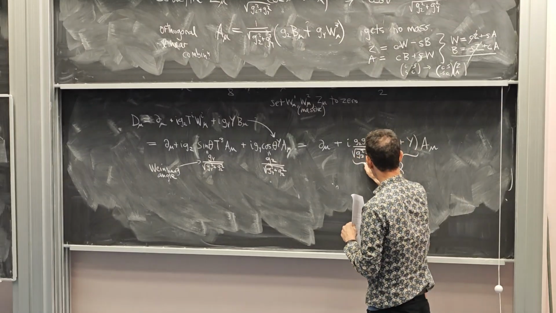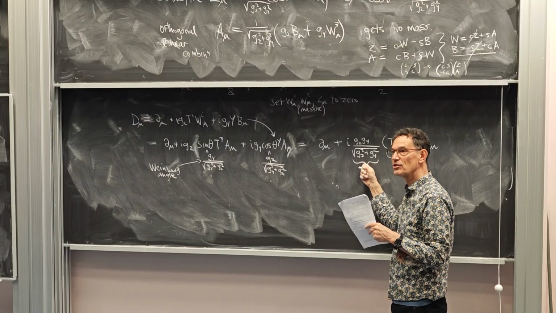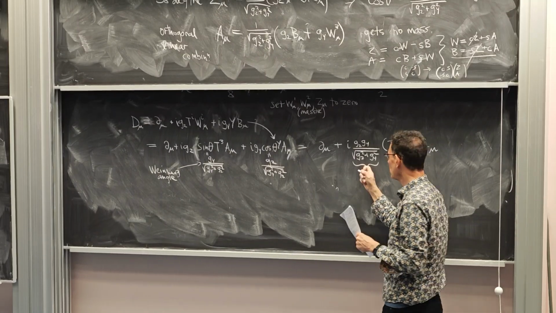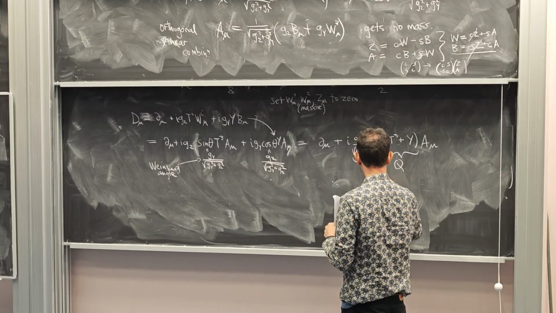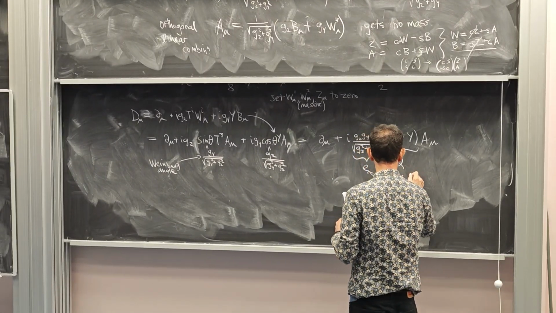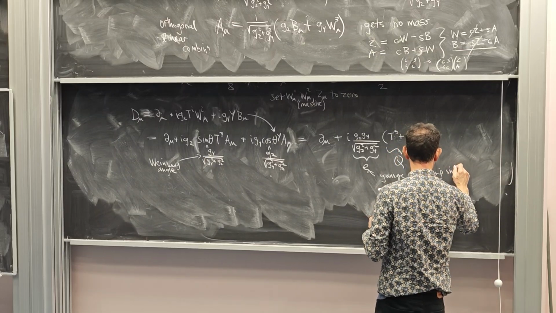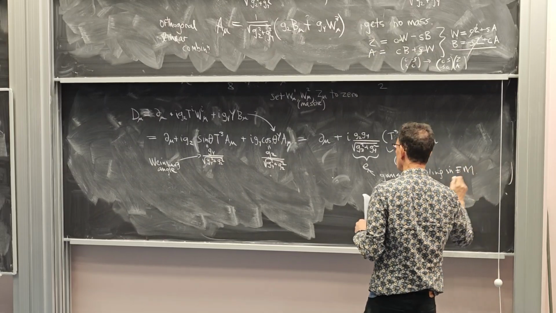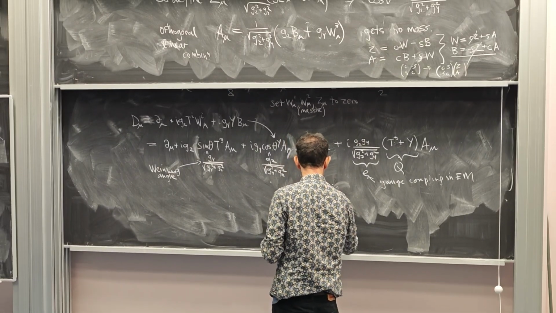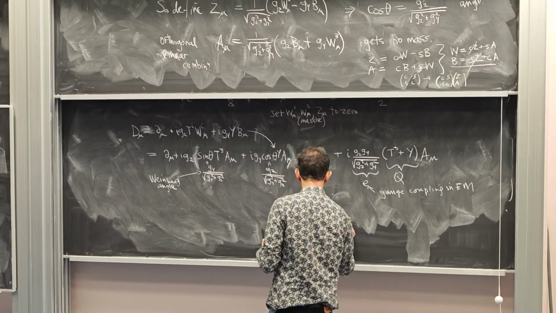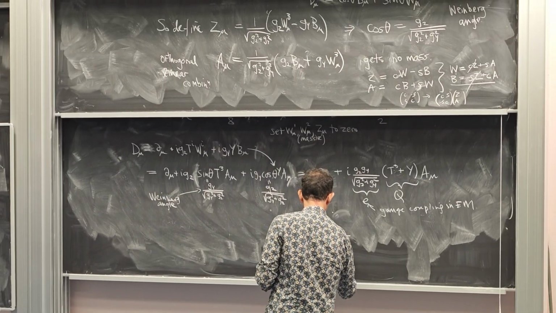It also tells you that the charge of the electron, the unit of charge in electromagnetism, is e. This is the gauge coupling in E and M. So we have that e is g2 gY over the square root of g2 squared plus gY squared.